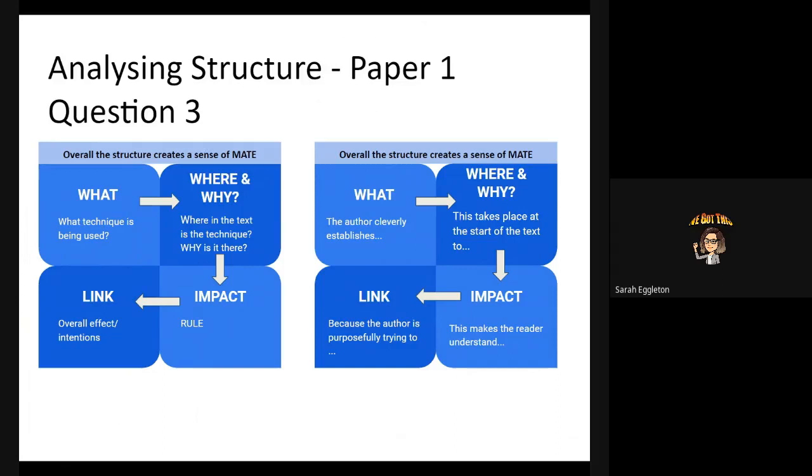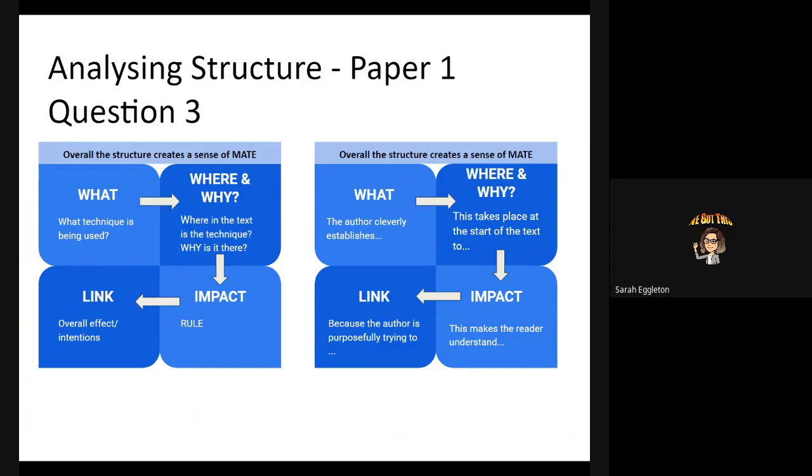So like I was saying, why do we find out she's dead at the start, not at the end? Why do we find out her parents knew the murderer? Then think about the impact. And we always use rule for structure because it's about what the reader realizes, understands, learns, or what is established because of the information given.